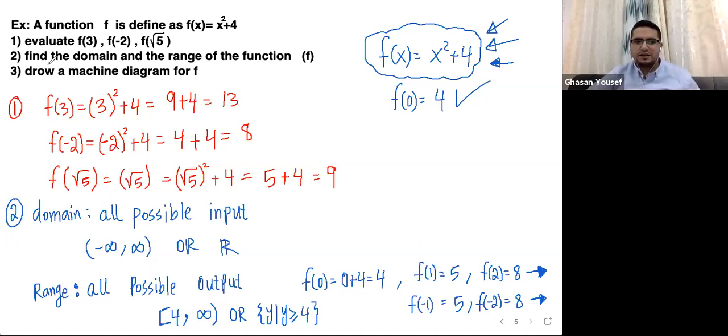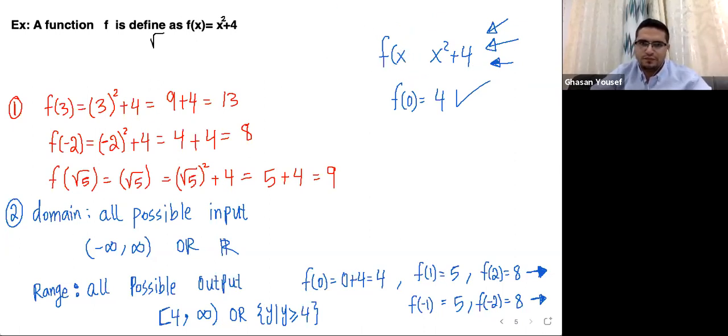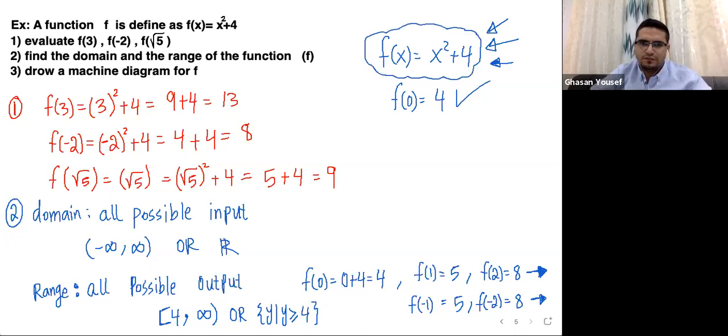Now the last question of the example: draw a machine diagram for f. The last example, we did the same thing before.